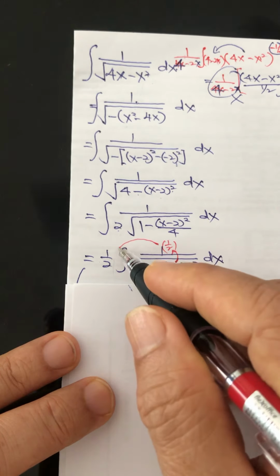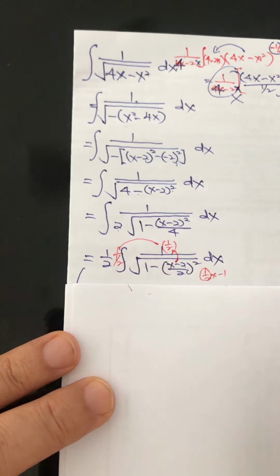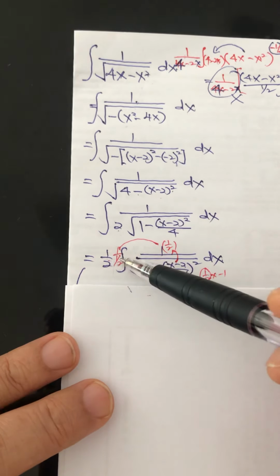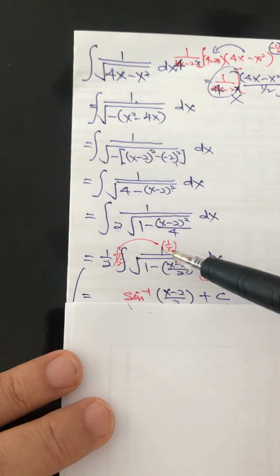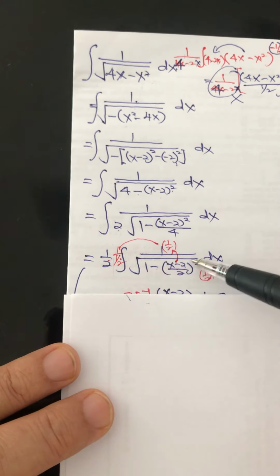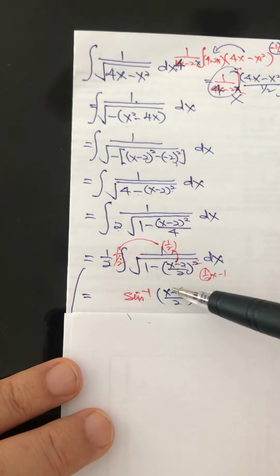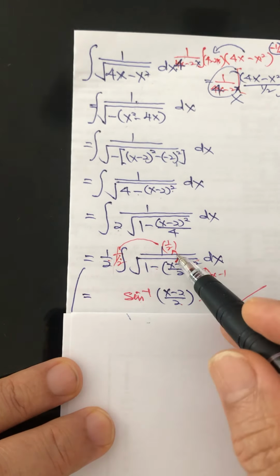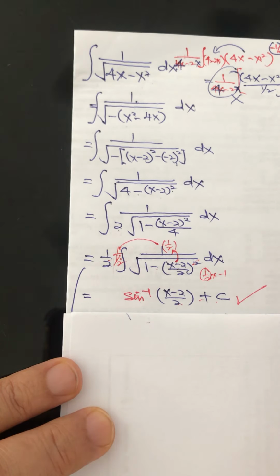So here you must have 1 over half. When you simplify this one, you get 1, and therefore this one with the square root sign, 1 minus square, you get arcsine of x minus 2 over 2 plus c. So this is the answer. And from here to here, this is memorized.